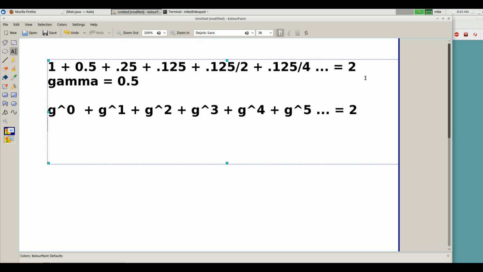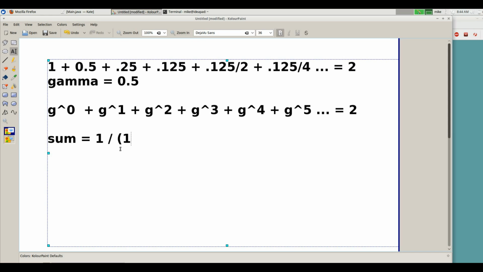Because 0.5 to the 0th power is 1, 0.5 to the 2nd power is 0.25, and so on. Turns out we can derive a general equation from this, which looks like this: the sum is equal to 1 divided by 1 minus gamma.